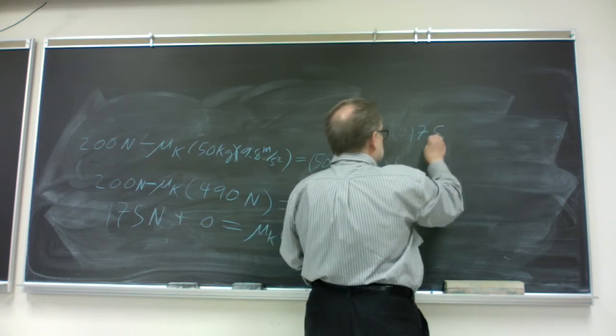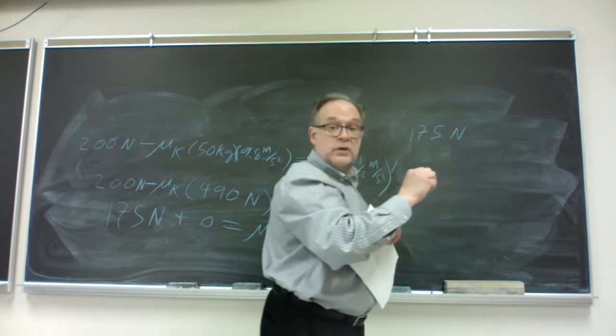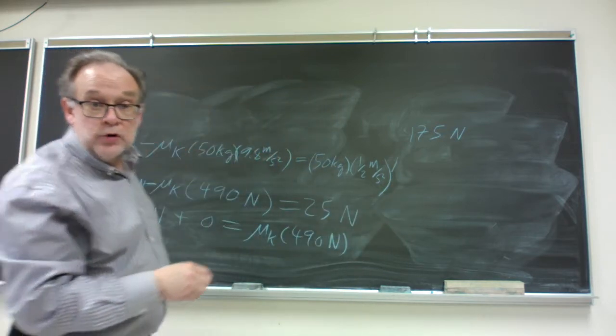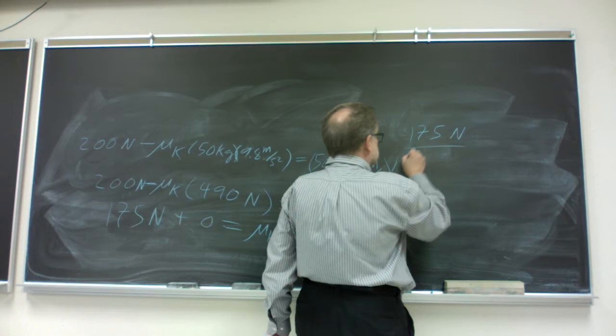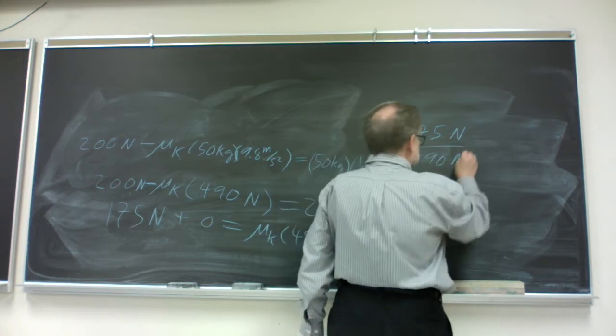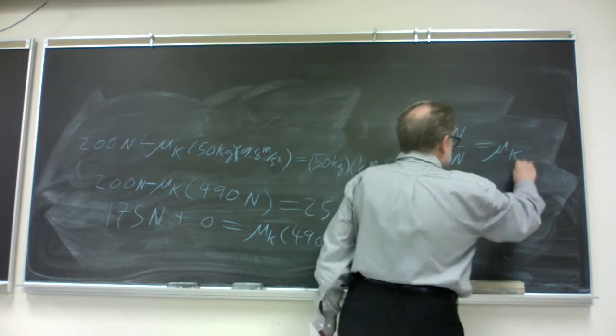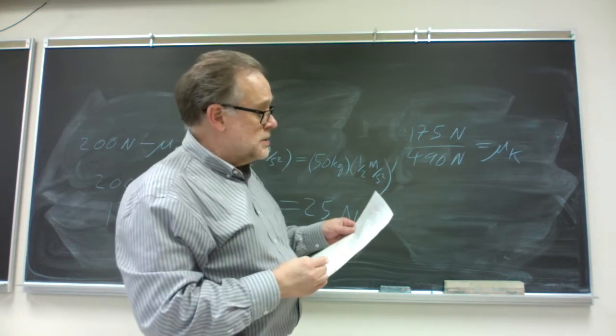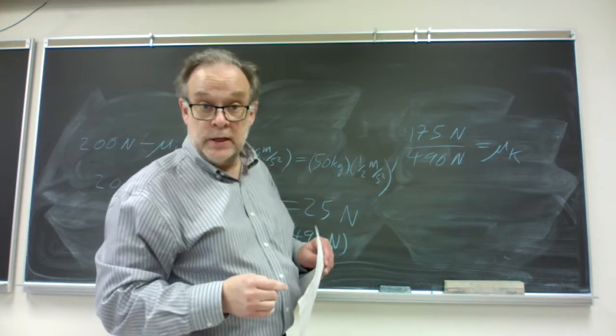So our answer looks like this: 175 newtons, and then divide both sides of the equation by 490 newtons, equals the coefficient of kinetic friction, and that comes out to, let's see, about 0.36.